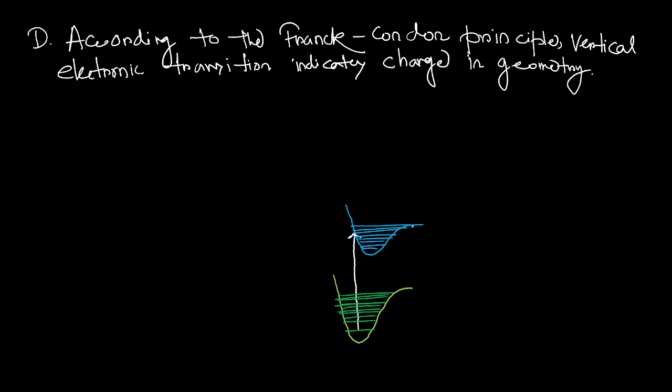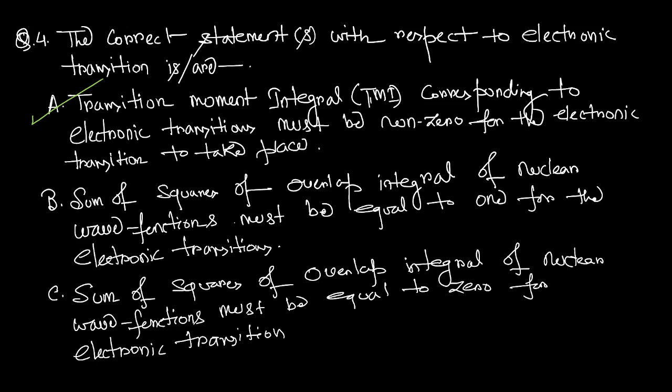Now one thing to notice is that while excitation, the nuclear coordinate did not change, so the nuclear part remains the same, and if we take the sum of the square of the overlap integral of the nuclear coordinate, that will eventually give you a value equal to 1.